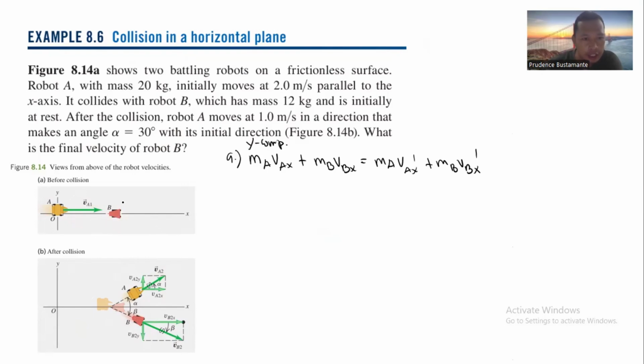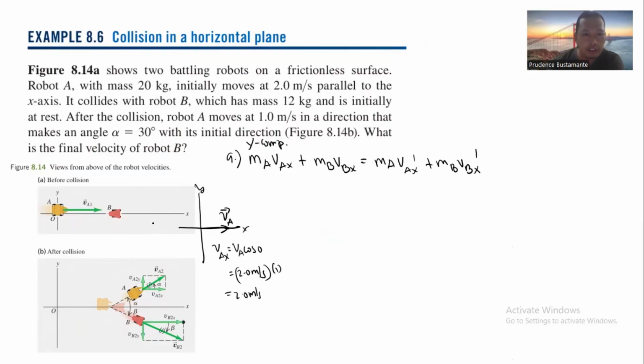If we look at the initial velocity VA, it has no y component, but it has an x component, VAX, which is equal to VA cosine of 0, since it is along the x, and initially 2.0 meters per second times 1 is equal to 2.0 meters per second.